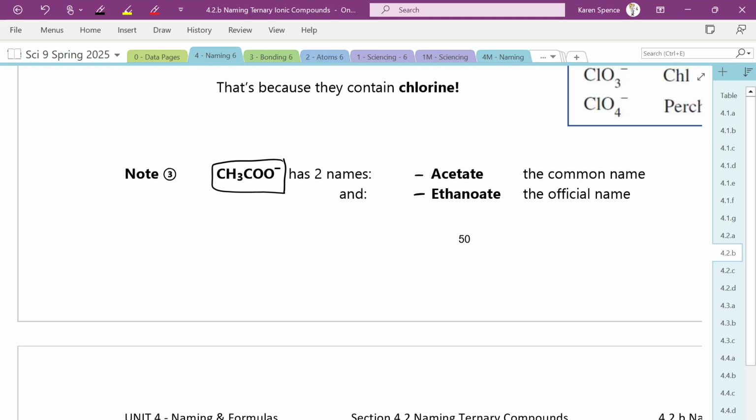No, they both have numbers in them. How you're going to tell is that name mixed name? Is it ionic or covalent?